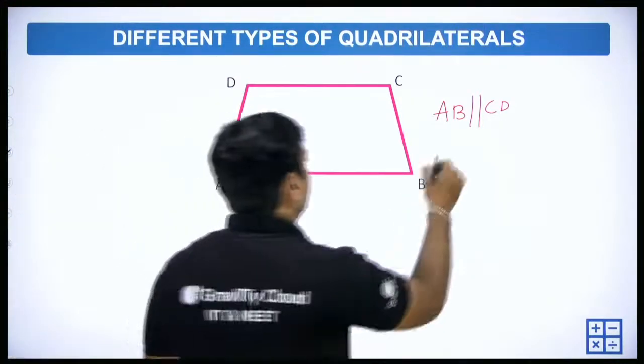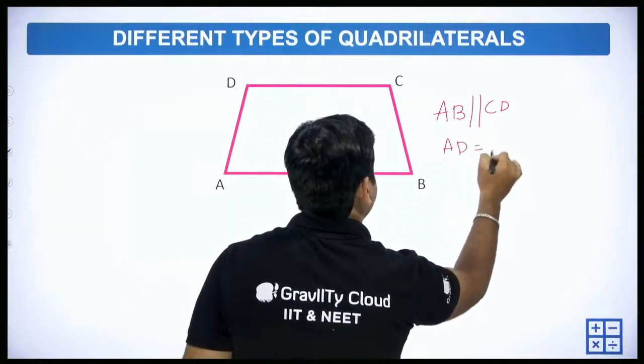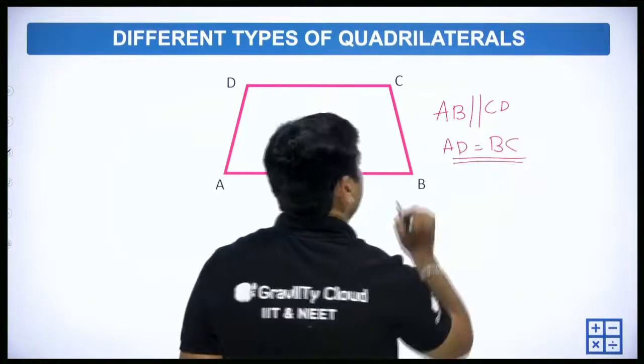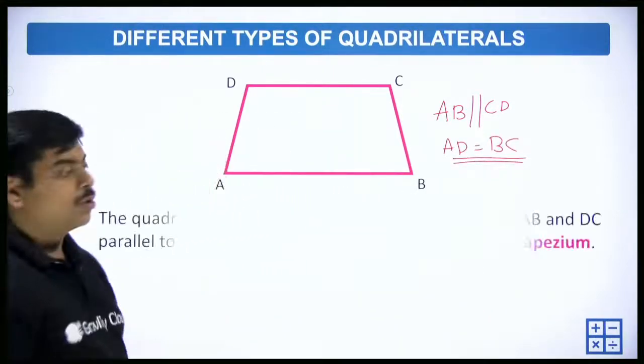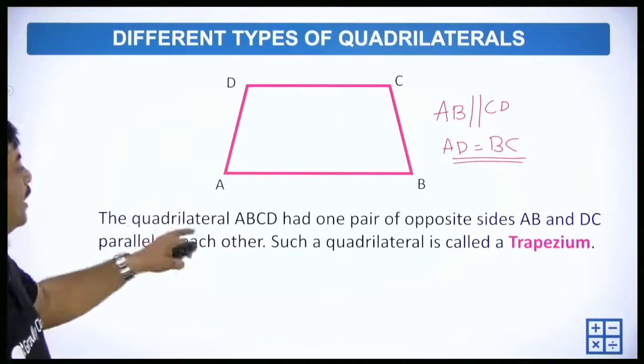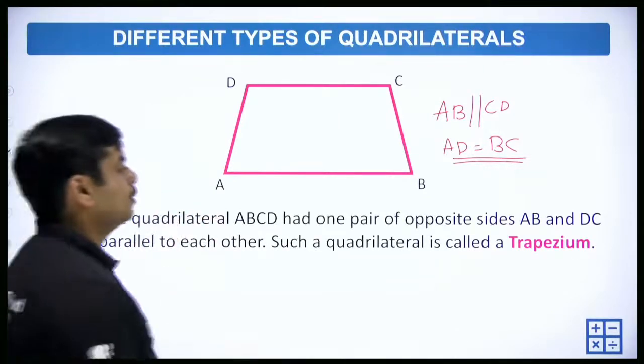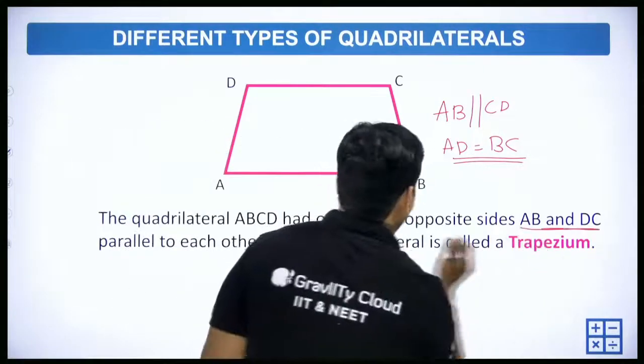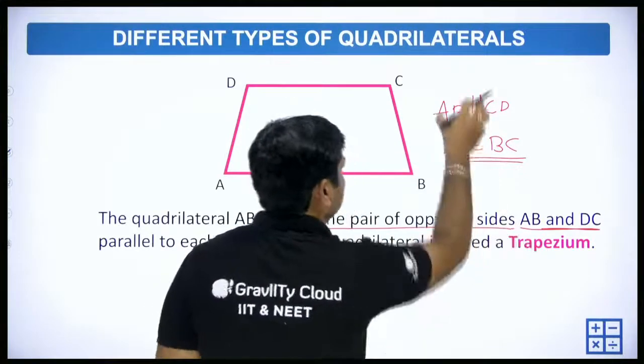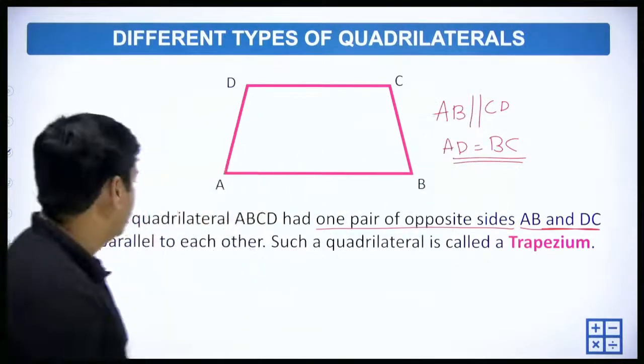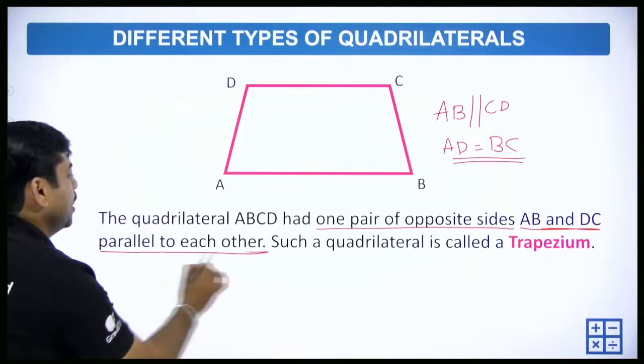Okay, so if AD is equal to BC, then we can say that it is a trapezium. This is called a trapezium. The quadrilateral ABCD has 1 pair of opposite sides, AB and CD, parallel to each other.